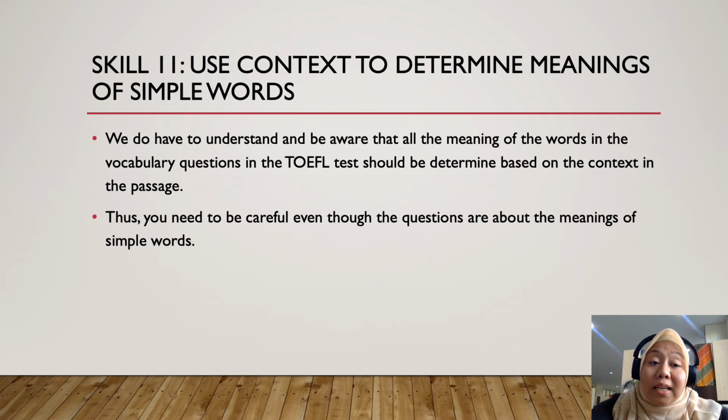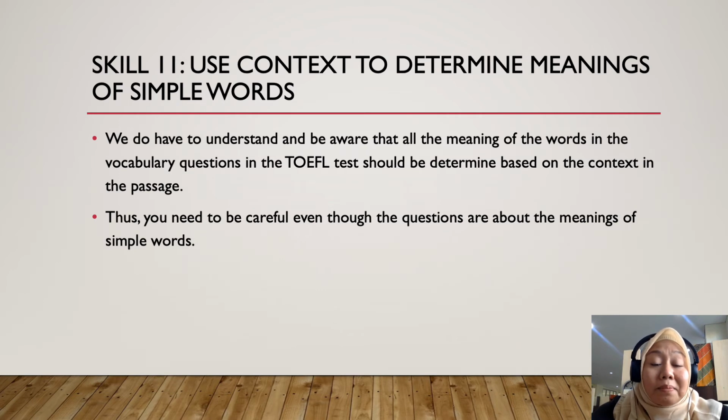If skill 10 is using context to determine meanings of difficult words, skill 11 is using context to determine meanings of simple words. Okay, sometimes even though you are asked the definition of simple words, you still need to see the context to determine the meanings of these words. Why?